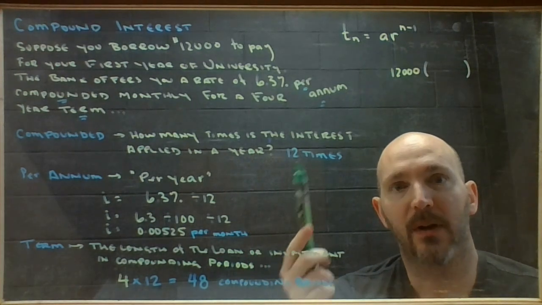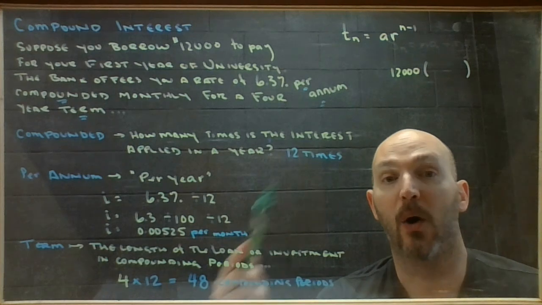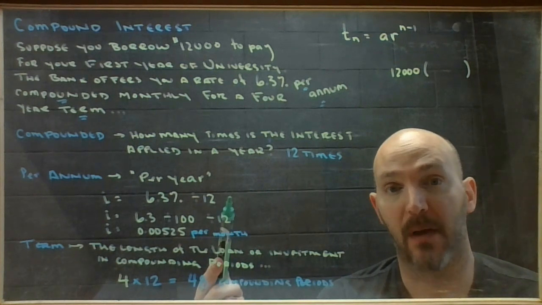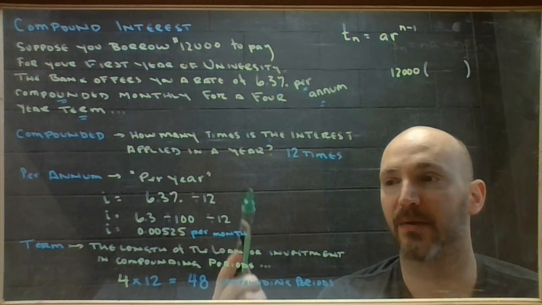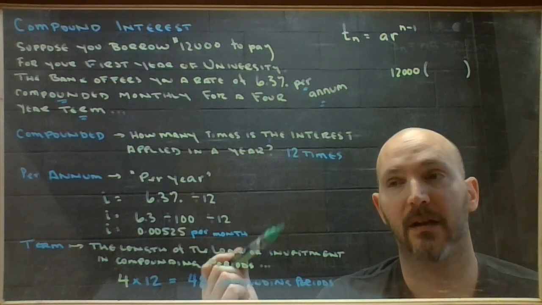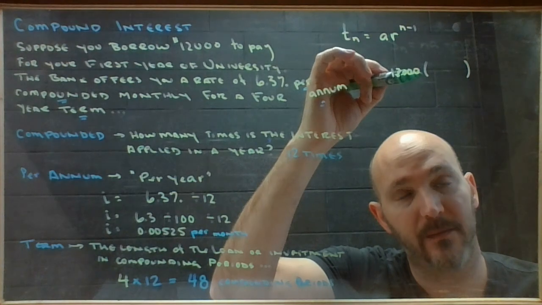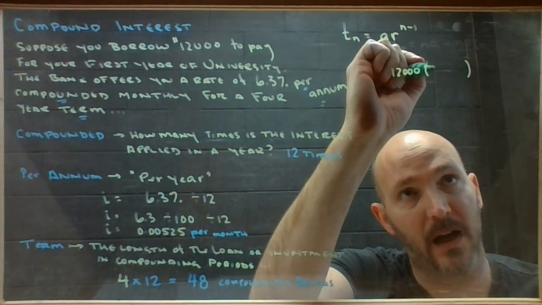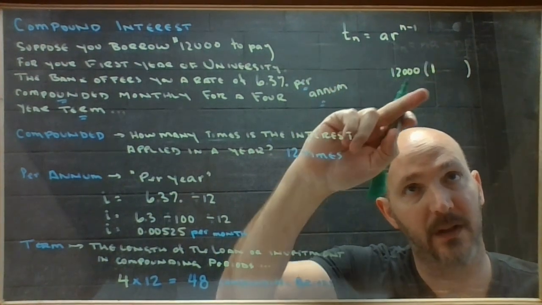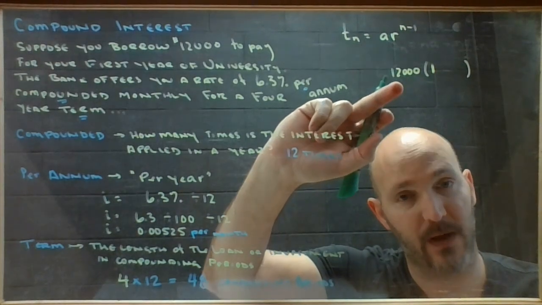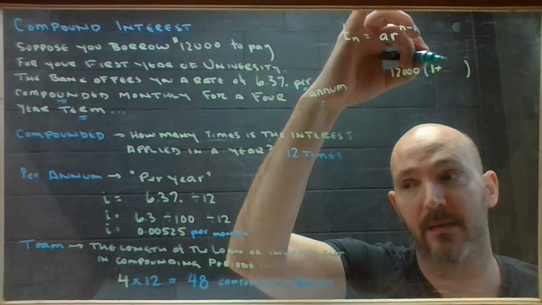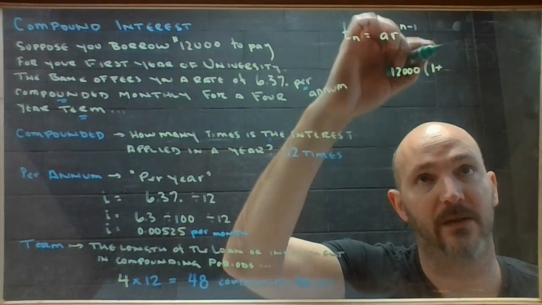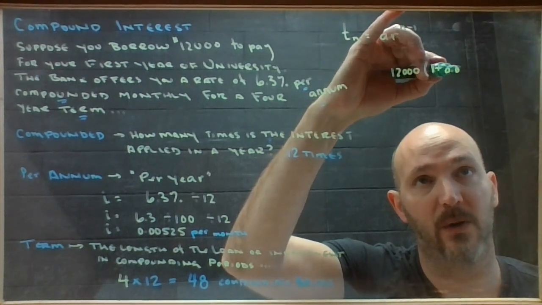So I want to know how much I owe after the first month. I don't just want to know the interest, because I'm not just paying back the interest, I'm paying back the whole thing. So in here, I have to be multiplying by 1, because 1 will keep the $12,000 I originally owed. And I need to add in addition to it 0.00525.